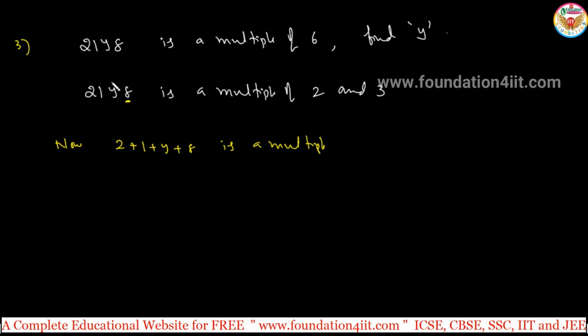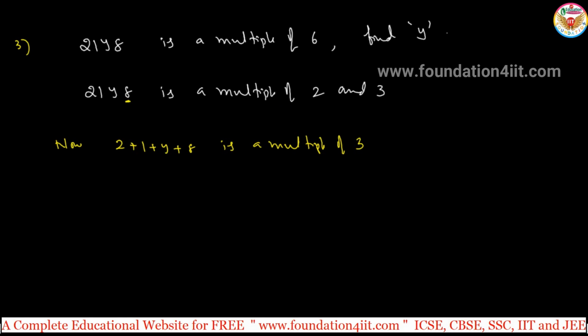Y is in the tens place, and 8 is already in the units place. So any number in the place of y, like 1, 2, 3, or 0 to 9, anything you can keep, it's a multiple of 2. Now we have to check only for 3, whether it is a multiple of 3. So 2 plus 1 is 3, plus 8 is 11.